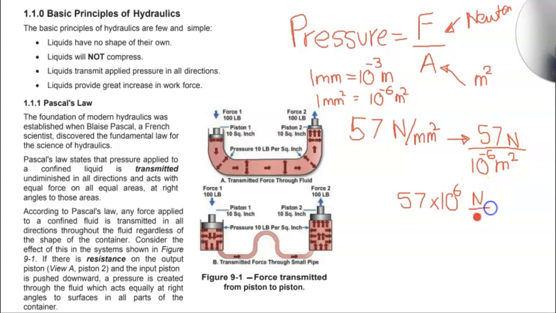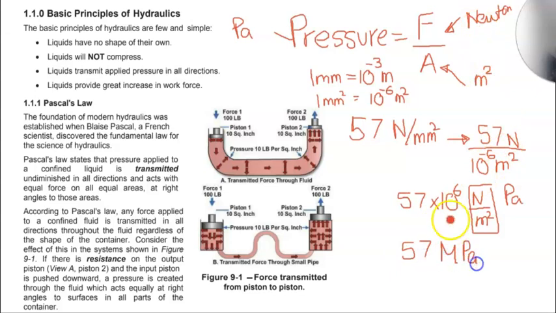Newton over meter square. Now, Newton over meter square is known as Pascal. This is known as Pascal, Pa, because the unit for the pressure is Pascal, which is Newton over meter square. So that will become 57 megapascal. Why mega? 10 to the 6 is known as mega.